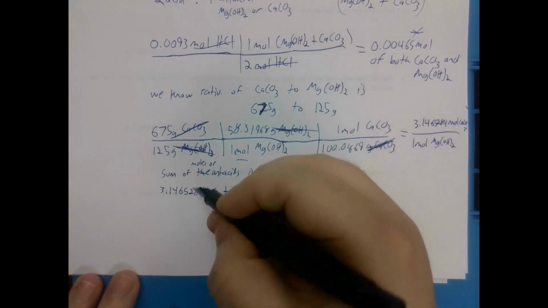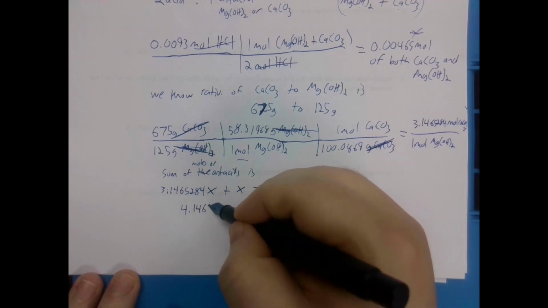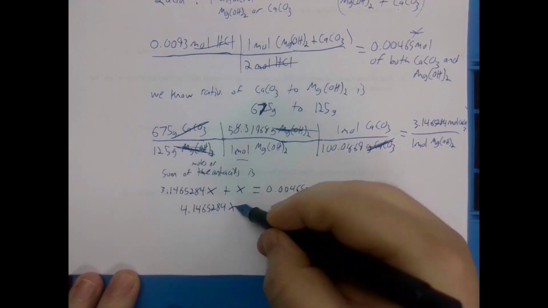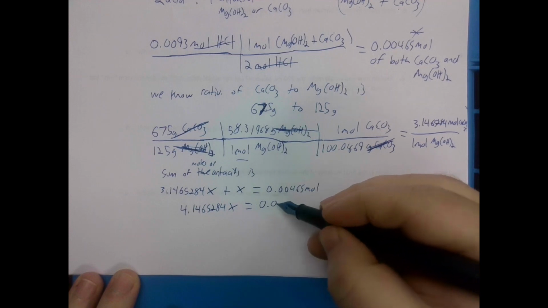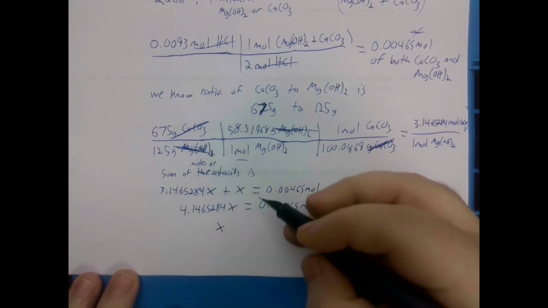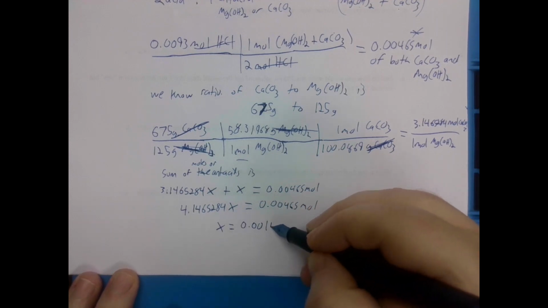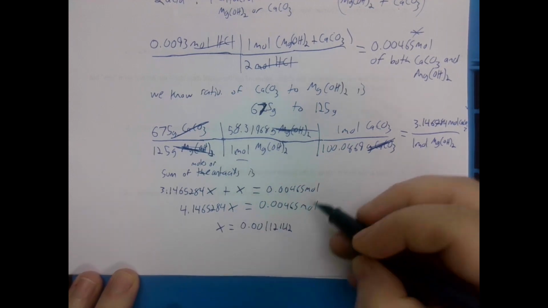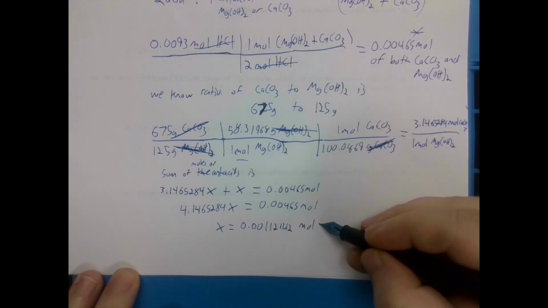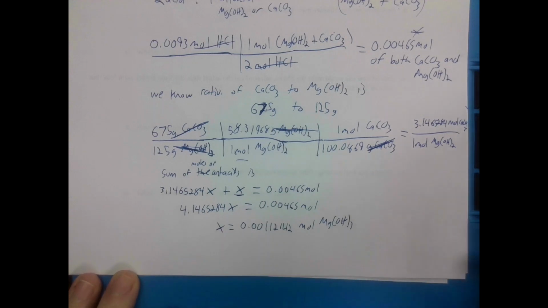Solving for X, that is 4.1465284 X equal to 0.00465 mole, and my X is equal to 0.0011242 mole of magnesium hydroxide, because my X right here is how many moles of magnesium hydroxide.